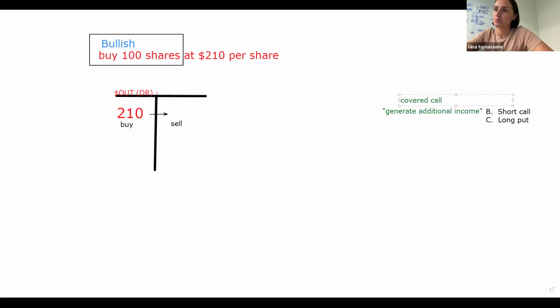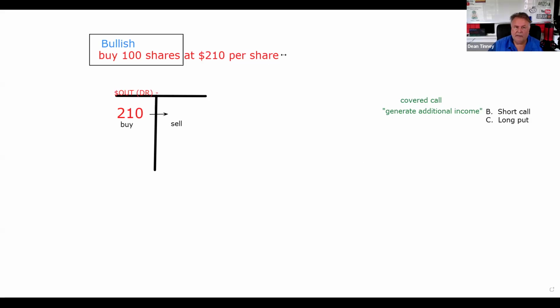That's a much, much different thing than agreeing to sell stock you don't have, right? So there's two versions of a call contract: you agree to sell stock you don't own, a naked call, and you agree to sell stock you do own. This is one of the most conservative option strategies because we're agreeing to sell stock we own.